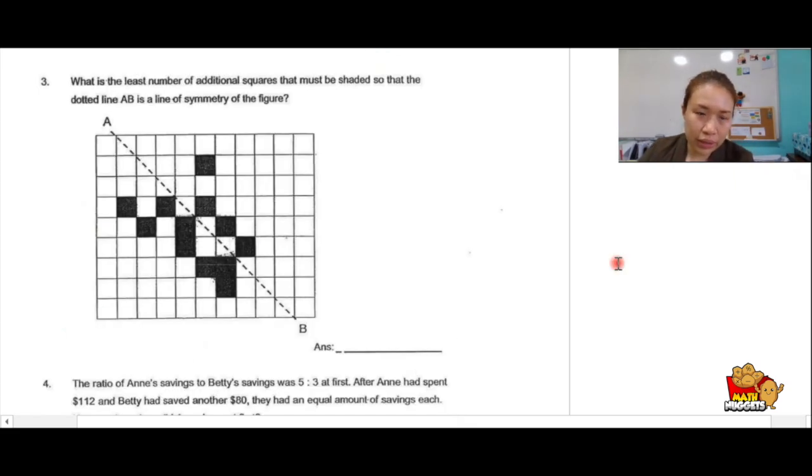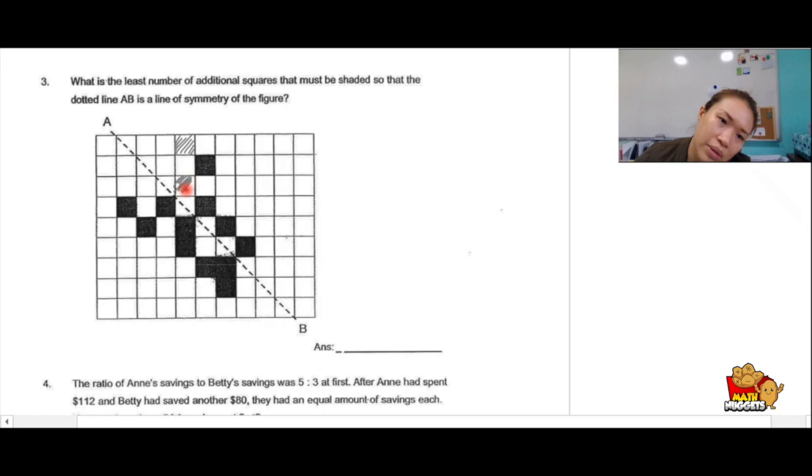Question 3, line of symmetry. So I suggest turning the paper such that the dotted line, the line of symmetry, is directly vertically straight in front of you. Okay, so now I got to turn my head and look. The shaded part. So we're supposed to shade how many squares? What's the least number of squares? Okay, so this one needs to be shaded.